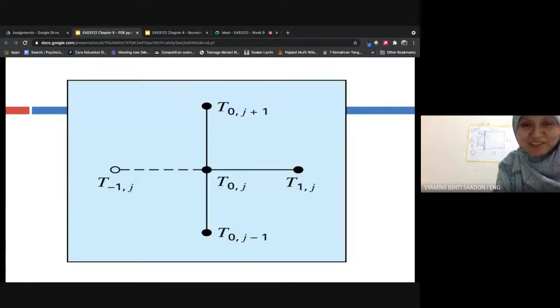For example, at this point we have T0J, T1J. Because this is at the boundary condition at the edge, we assume an imaginary point outside the plate, at x minus 1. This is just an imaginary point.